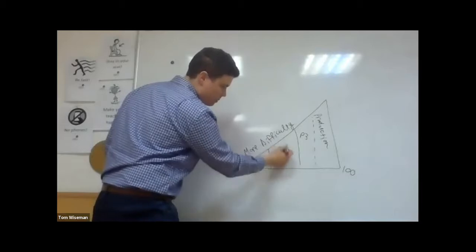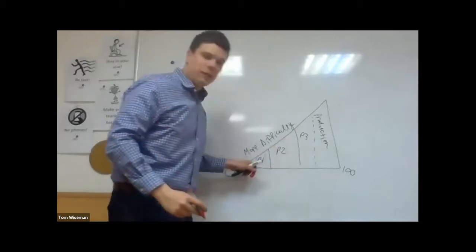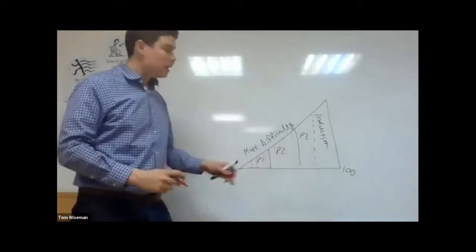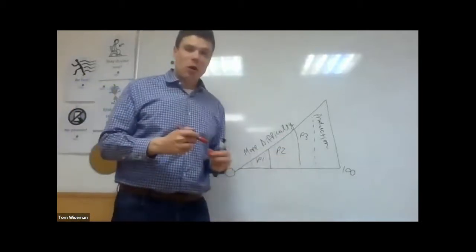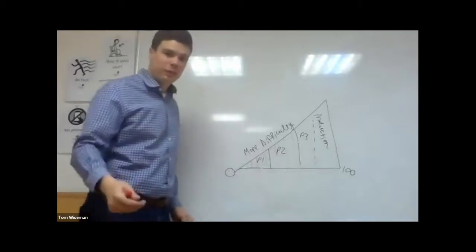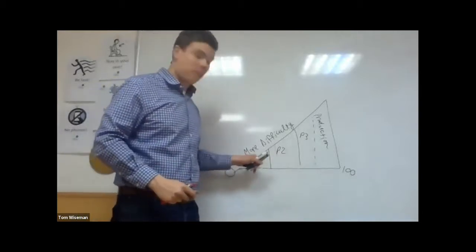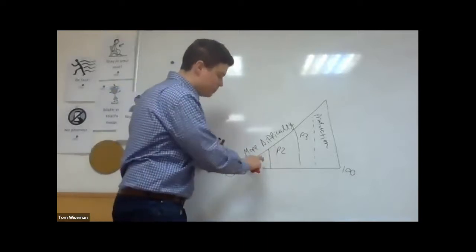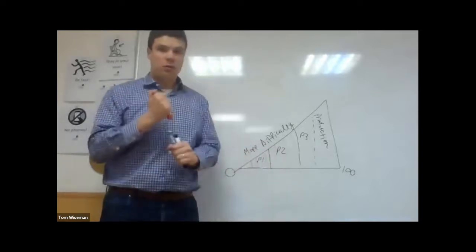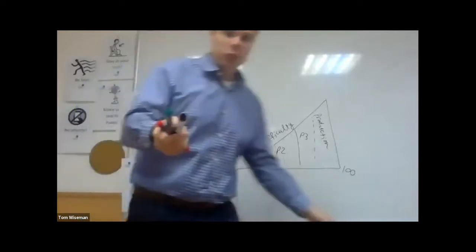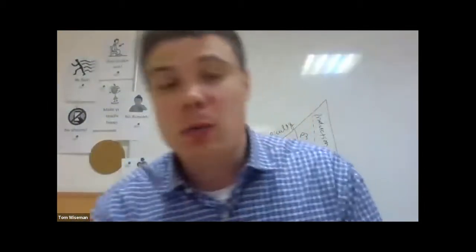There will be some P1 activities that are more difficult than others, some P2 activities that are more difficult than others, and that build doesn't only happen from activity to activity. It happens not just from P1 to P2, but within P1 and within P2. That's worth recognizing. And that's why I suggest having two P1s, two P2s.